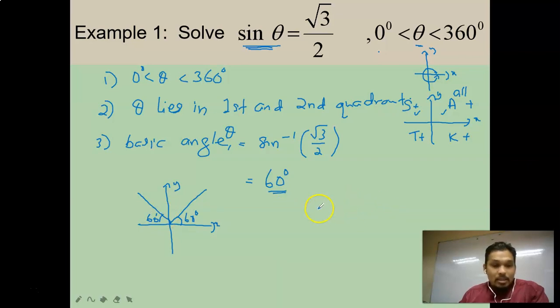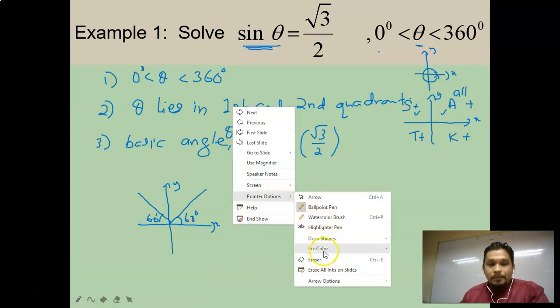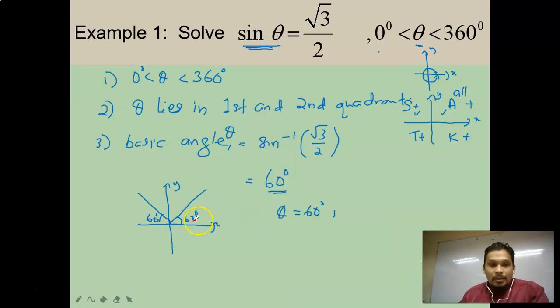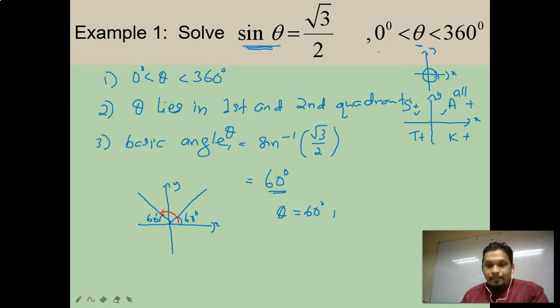So theta equal to 60 degree, and another angle from here, ending up until here, which is 180 degree minus 60 degree, equal to 120 degree.